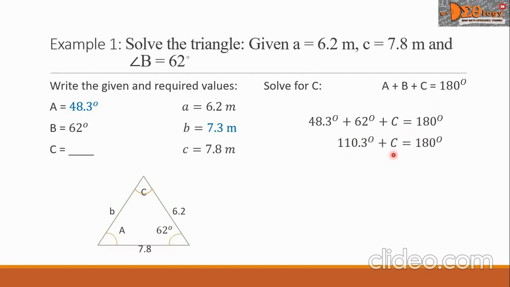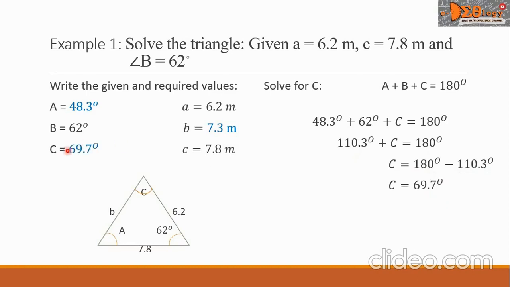Let us isolate C. We will transpose this value on the right side. Of course, the sign must be changed. From positive, it becomes negative. So we have 180 degrees minus 110.3 degrees. Getting the difference, the value of C equals 69.7 degrees. Let us copy this value opposite the angle C in here.